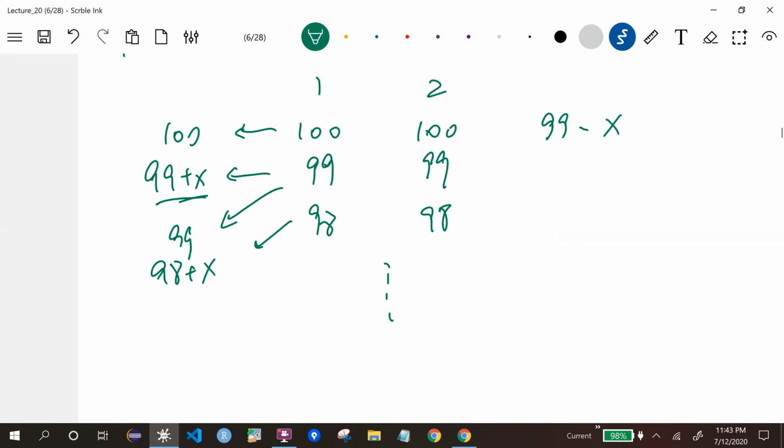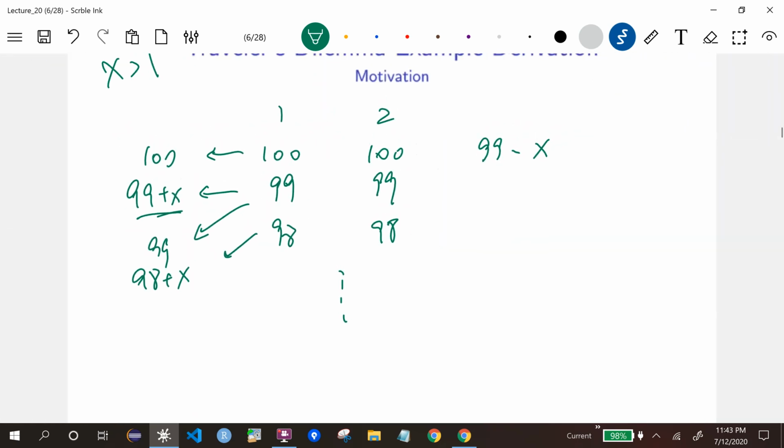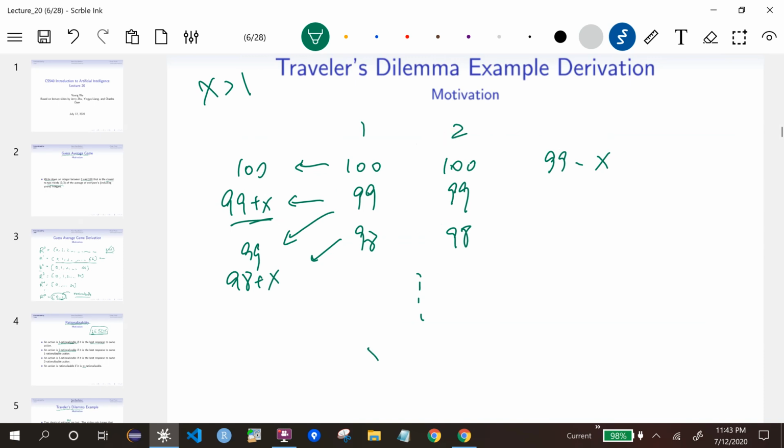And actually, there is a lower bound. Say the lower bound is X. Suppose we cannot report anything lower than X, because then there's no way to punish the guy with the lower report. If the other guy is reporting X, would I report X as well? I cannot report anything lower, so maybe I want to increase it a bit.